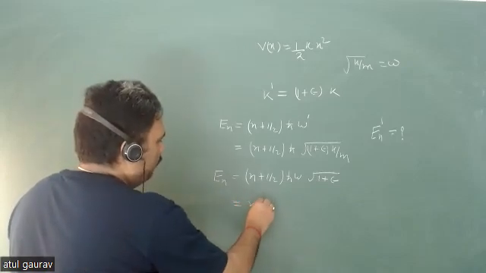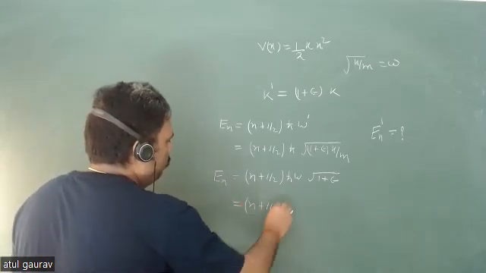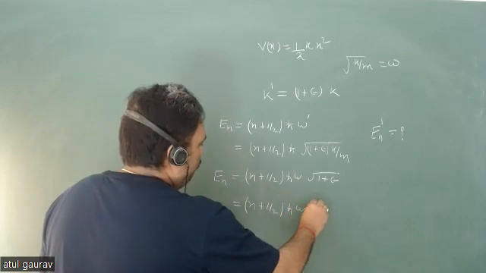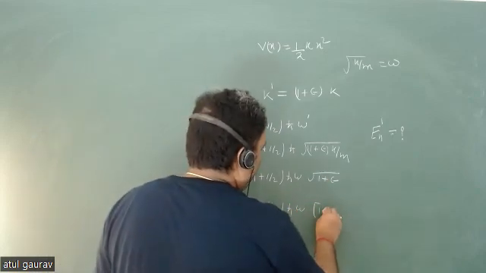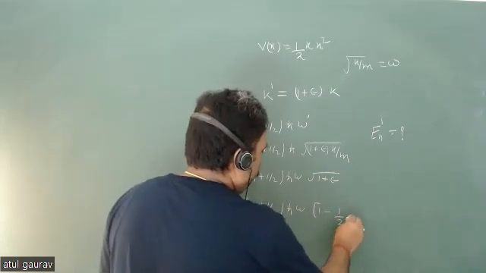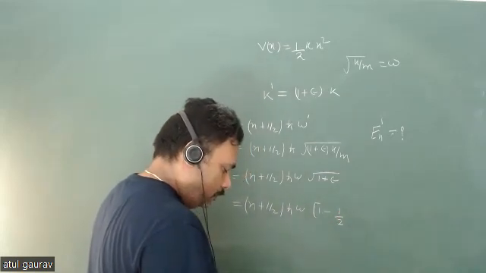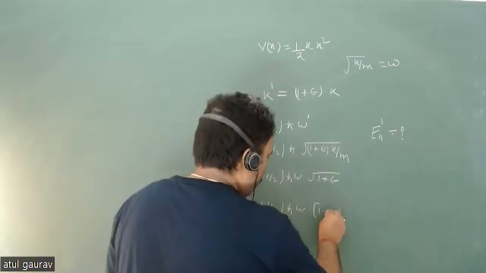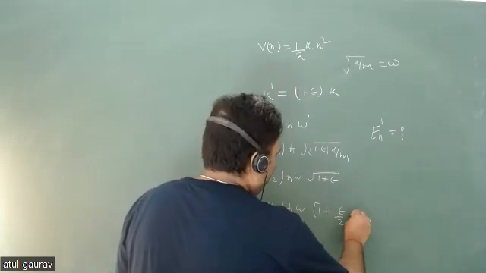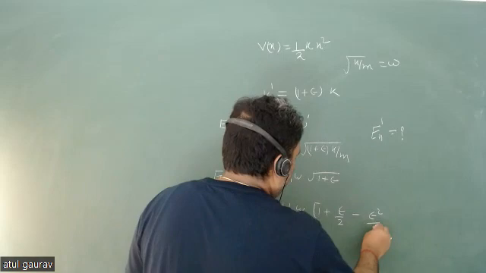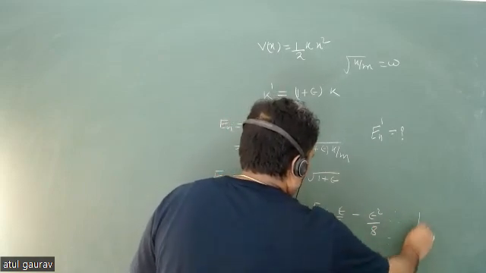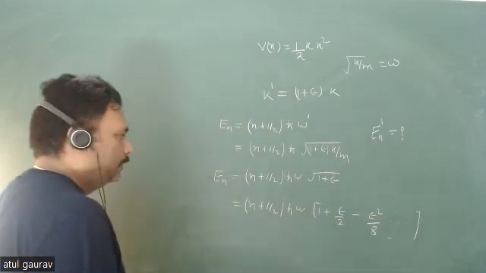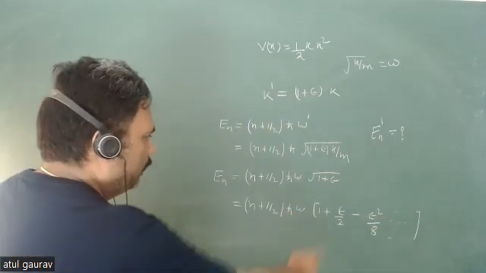And when you will go for Taylor expansion, then you have (n plus half) h cut omega. And what is Taylor expansion of root of 1 plus epsilon? 1 plus 1 by 2 epsilon, so plus epsilon upon 2 minus epsilon square upon 8, something like this, है ना? So आपको epsilon square का भी पूछ सकता है, but we have to just go up to first order.